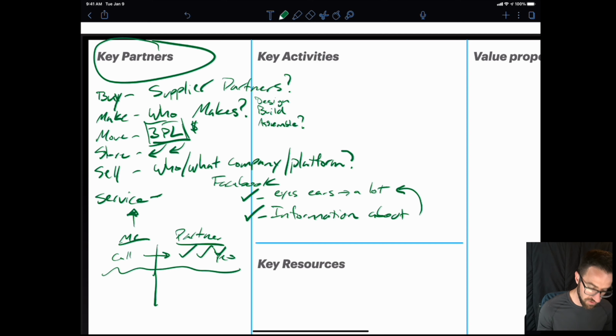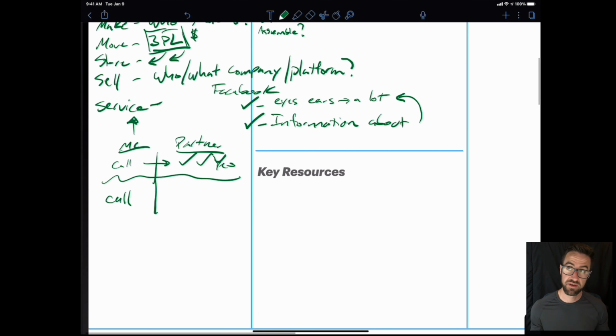Scenario number two was someone just didn't like the product. They opened it all up, they didn't like the product. They call you up, and instead of forwarding it to the partner, you make a decision to just process the return. And the return shows up at your partner, and they say, wait a second, the product is at the quality standard that we find acceptable, and so we would never accept this return.